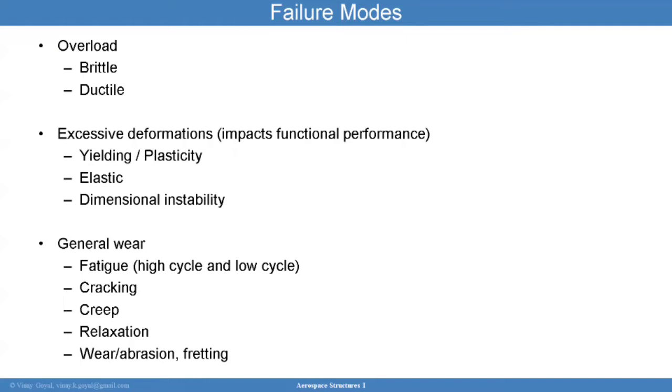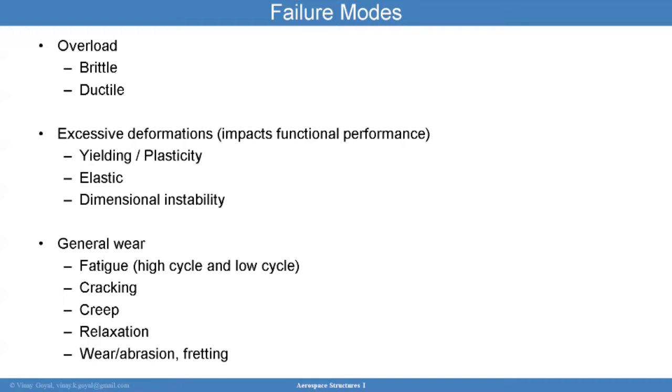And so you may have to increase the modulus of that part so when that part deforms, it does not impede that functional performance. You also have dimensional instability, and dimensional instability can also be an issue when it comes to deformations.